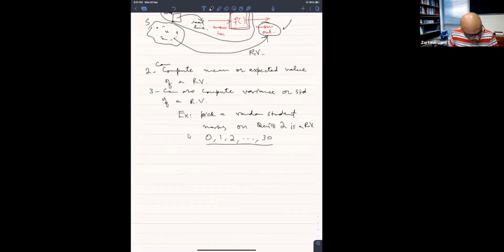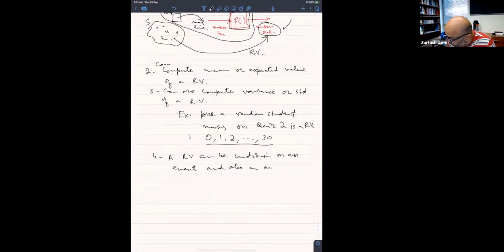Okay, some more concepts. A random variable can be conditioned on an event, and also on another random variable. We talked about the concept of independence.